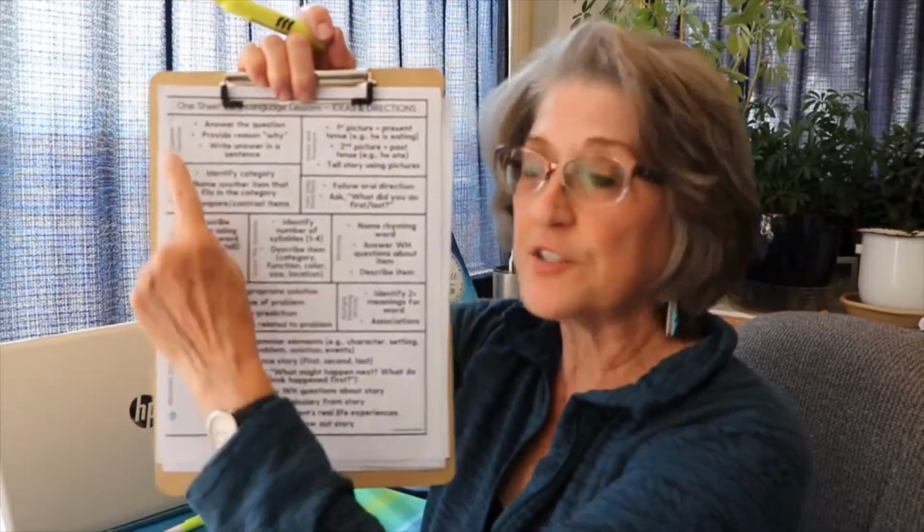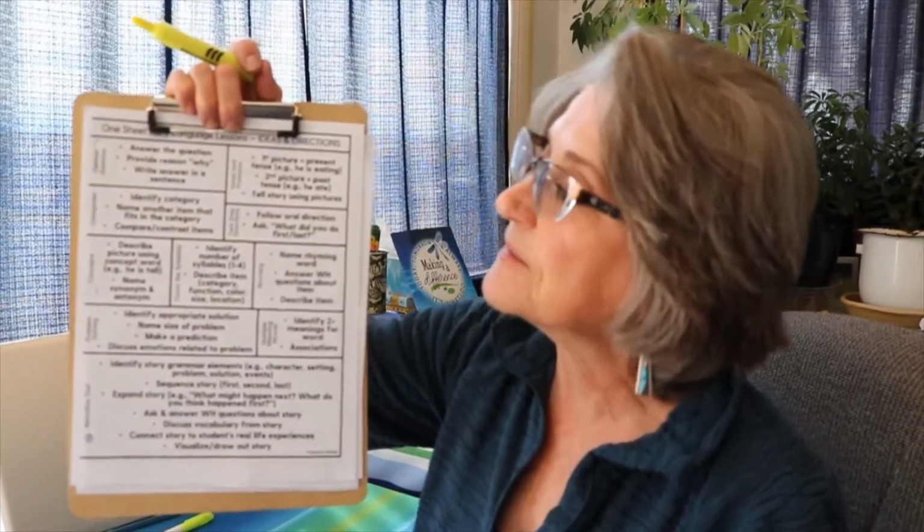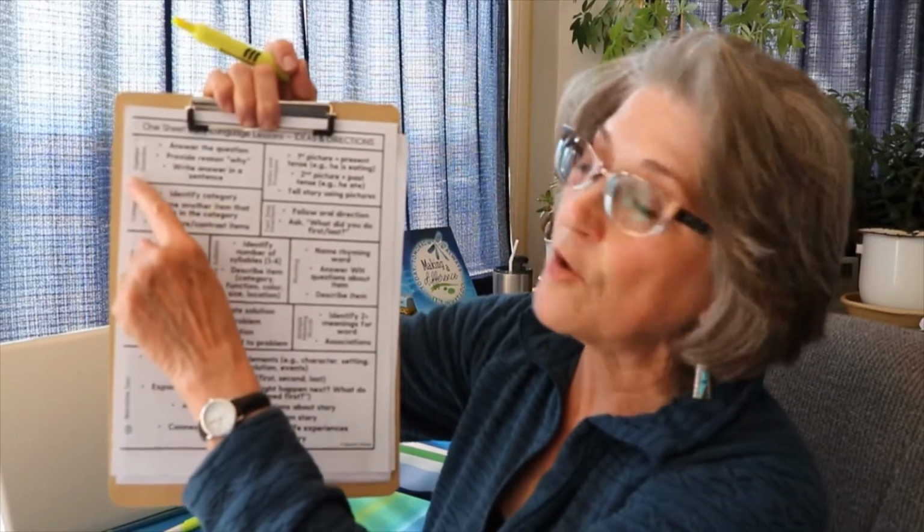Now, if you look in your packet at page 3, page 3 goes through and tells you for each box some things that you can do to promote the skill that the box is addressing. So for the opinion question box, this is how you would do working with that box.